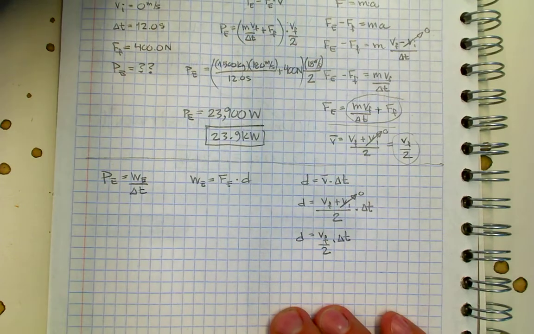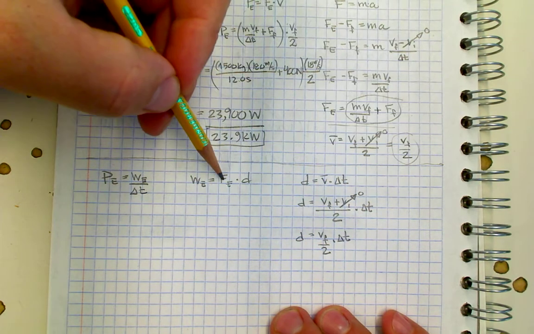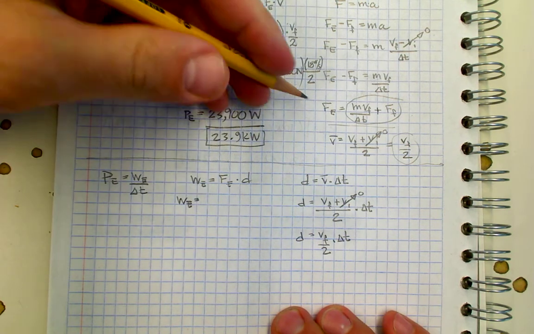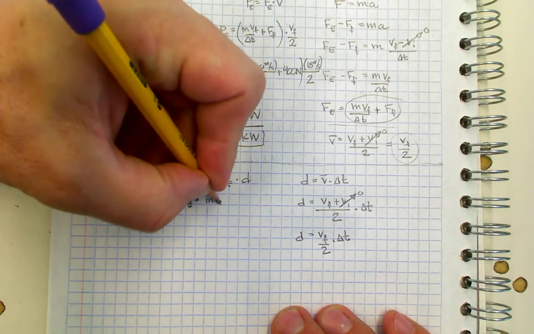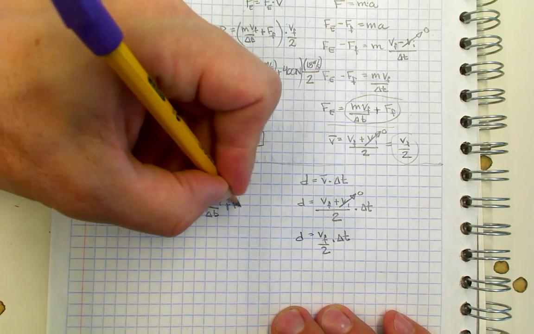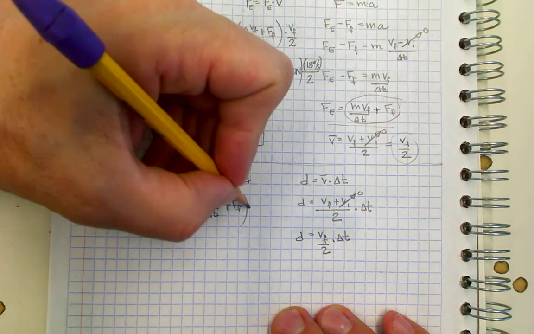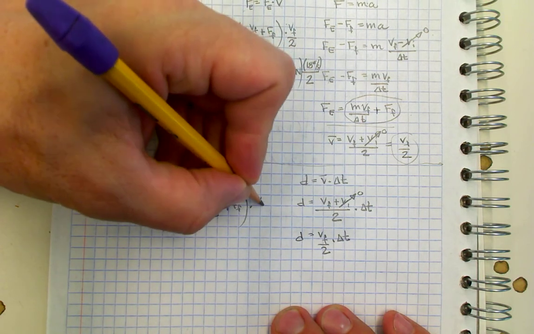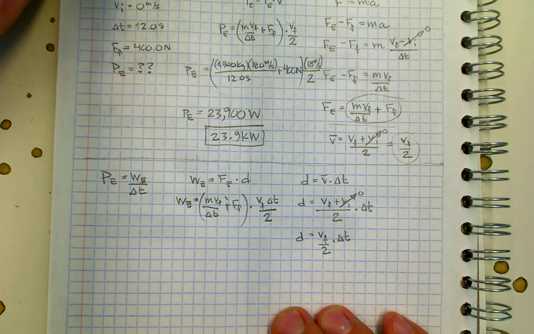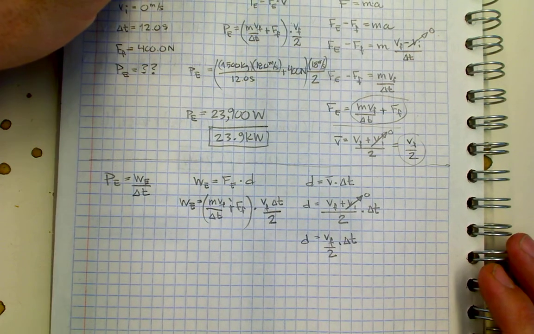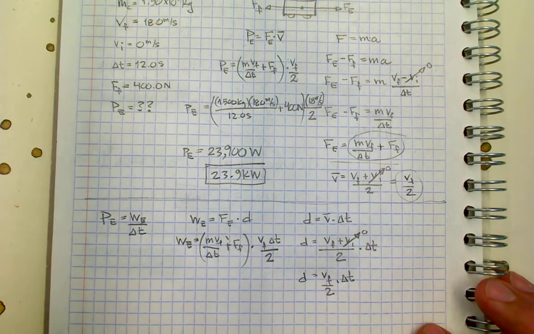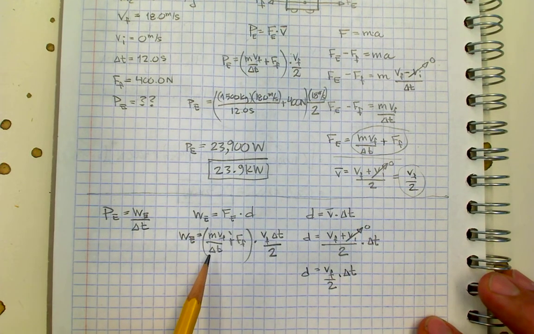And now if I substitute the distance and the engine force into this equation, I get mvf over delta t plus the force of friction times the distance, which is v sub f delta t divided by 2. And this is our equation for the work.